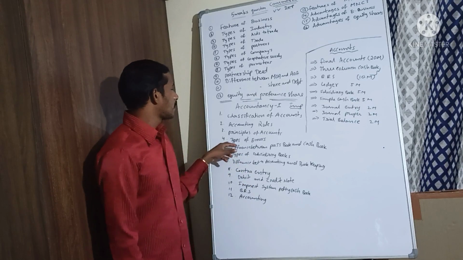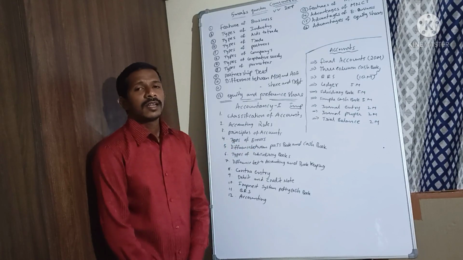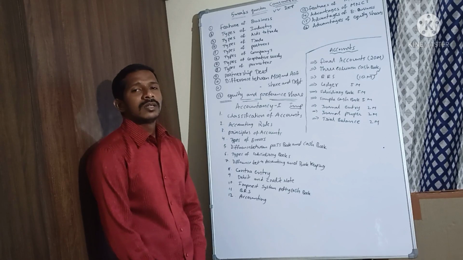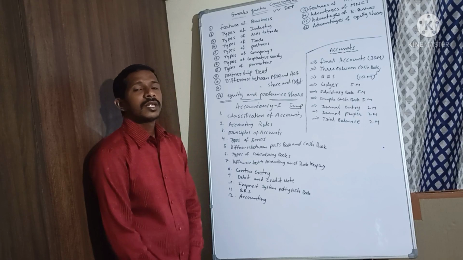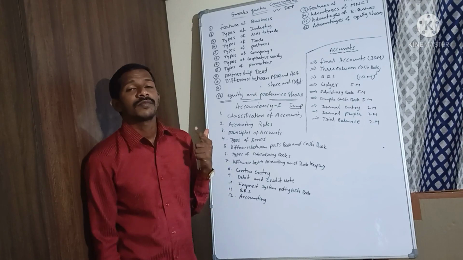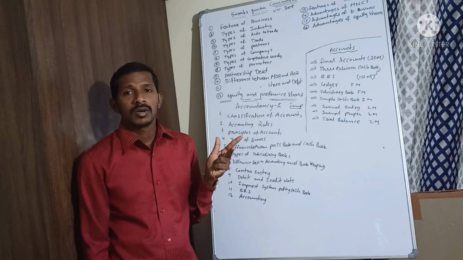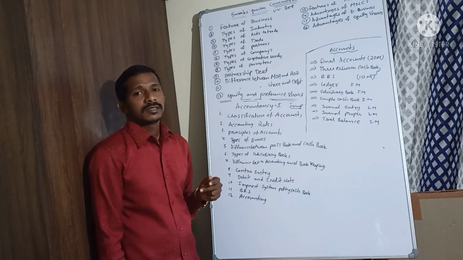Next, types of errors. Errors are there in accountancy. So how should we rectify the errors? Before that, we should know about the types of errors: errors of omission, errors of commission, errors of trial balance.